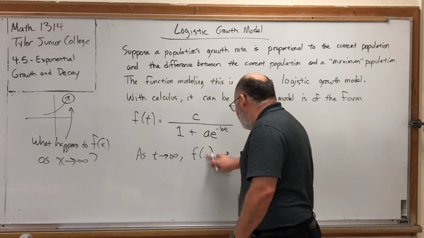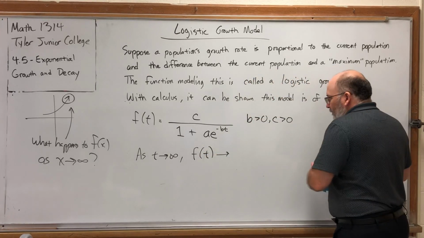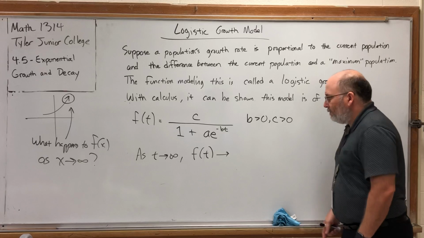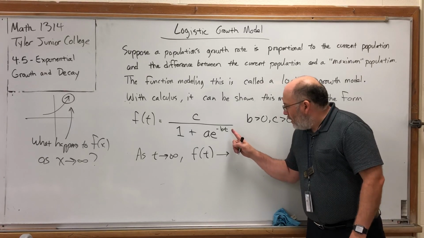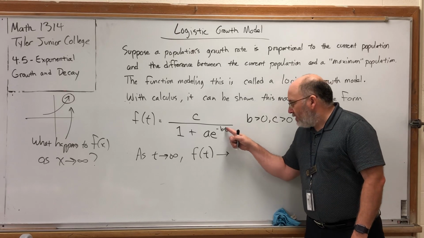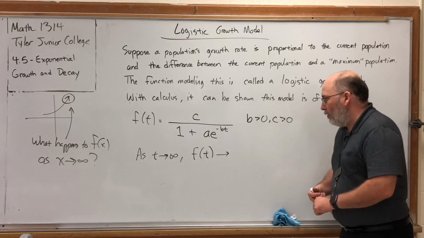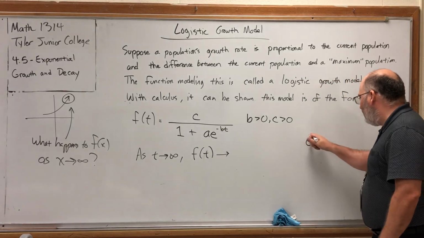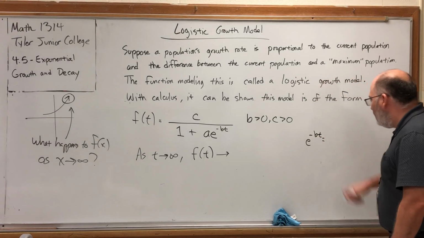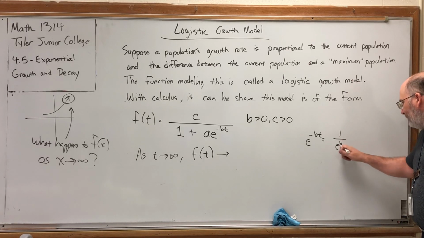It's not going to approach infinity, but I think I can argue and convince you what it is going to approach by looking at the structure of this function. As this t gets larger, we start getting e to a larger and larger negative power. But remember what it means to raise something to a negative power. It means the reciprocal of the positive power.